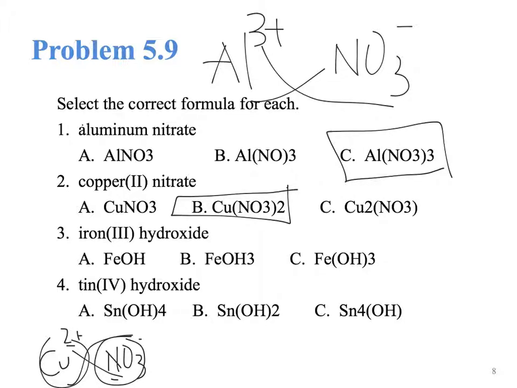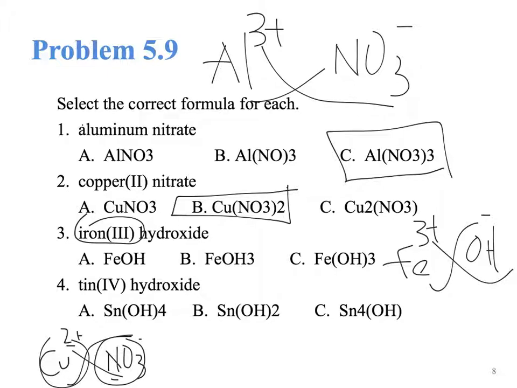Then we have iron 3 hydroxide. So the charge of iron will be 3 plus, and hydroxide this. So 3 hydroxides and 1 iron.